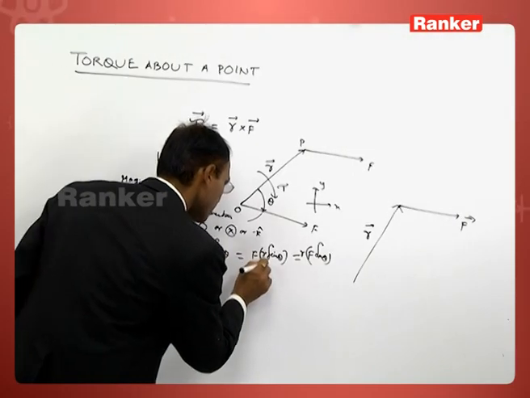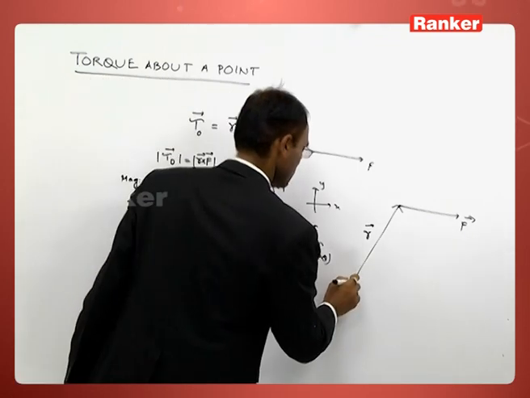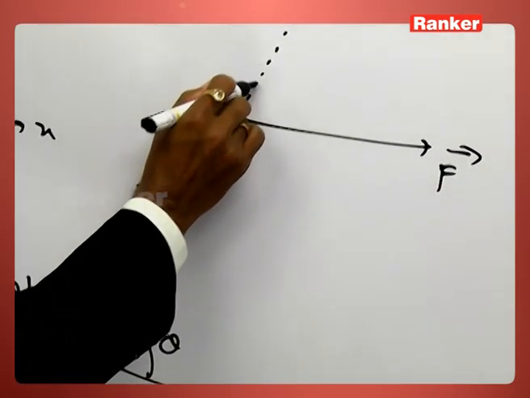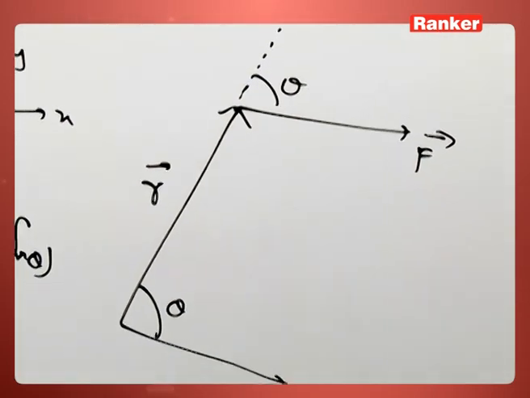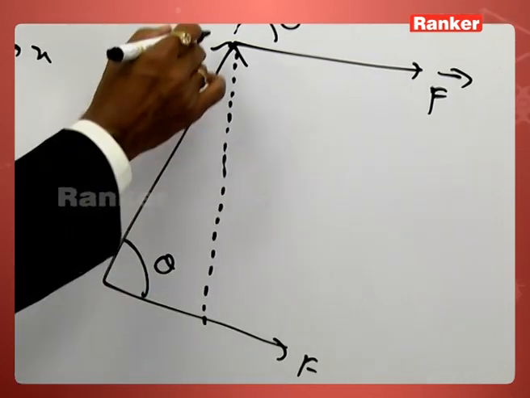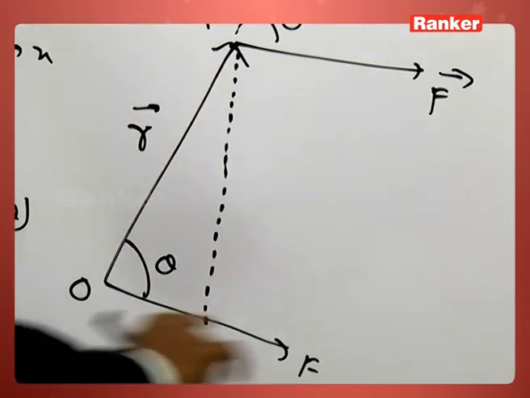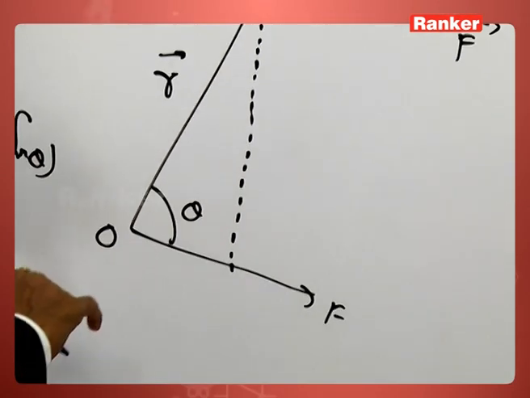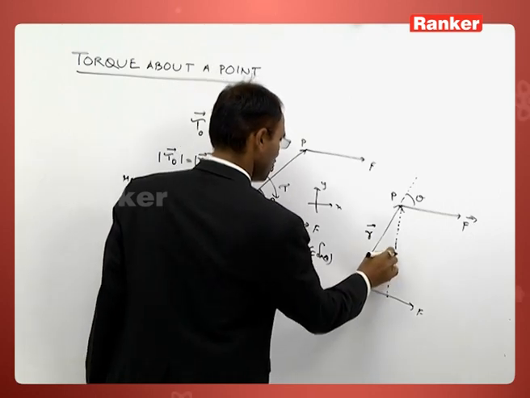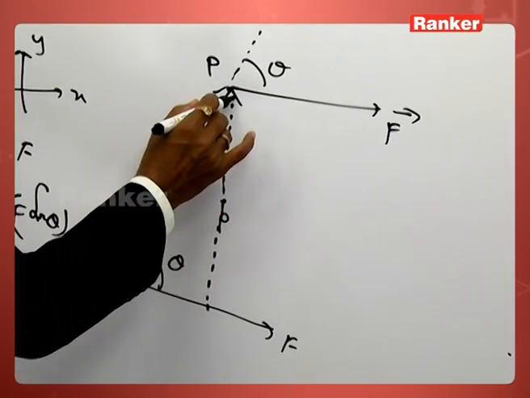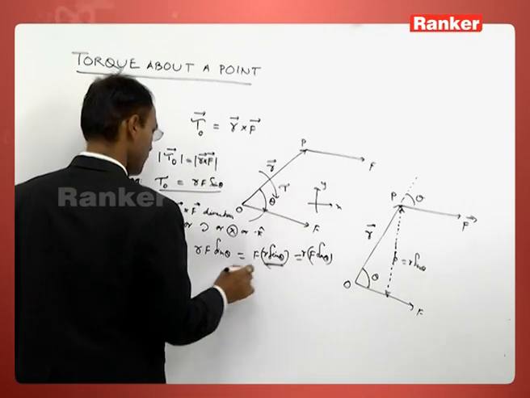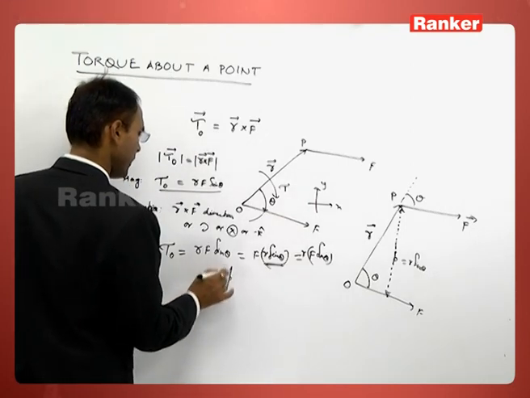If you take this part r sin theta, this is theta. You drop a perpendicular from the point P onto the line of the force vector. Let the length of the perpendicular be P, from here to here, and P is equal to r sin theta. So, instead of r sin theta, we can write P.